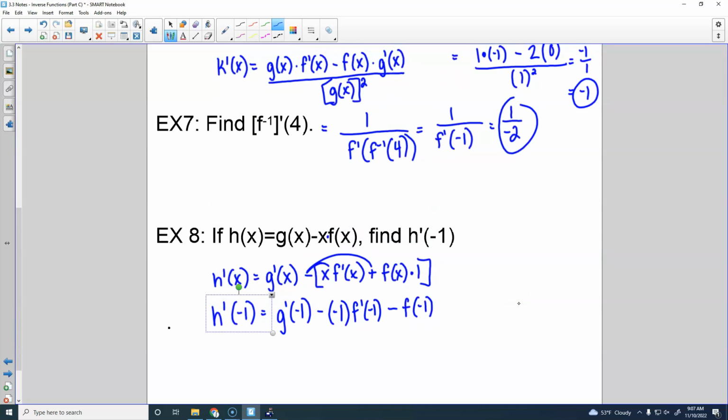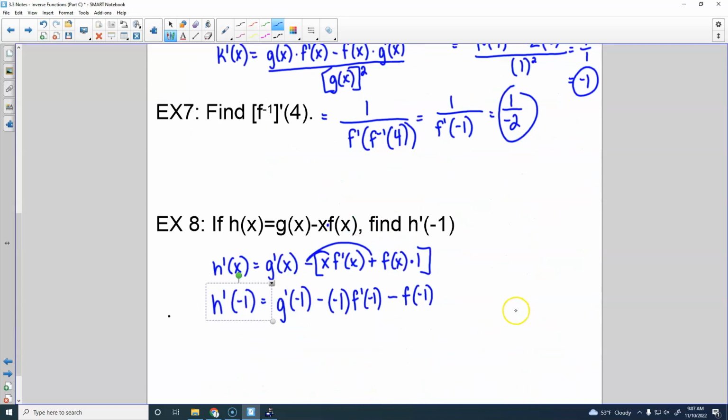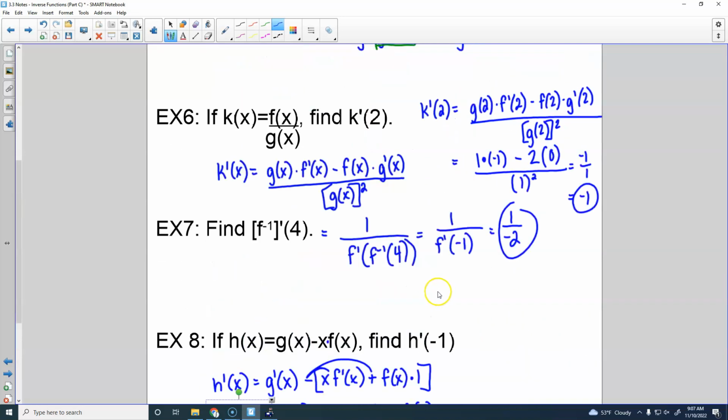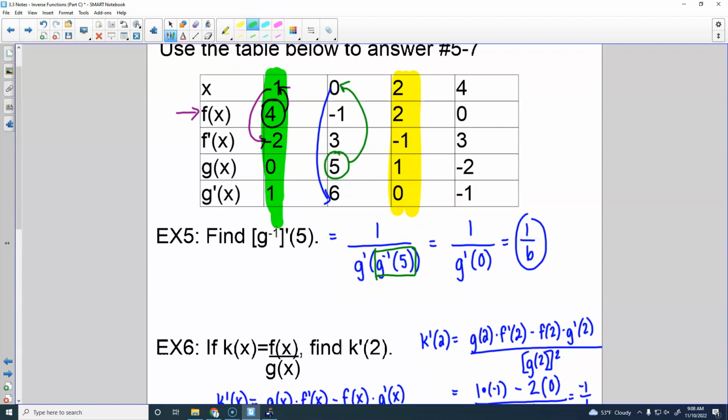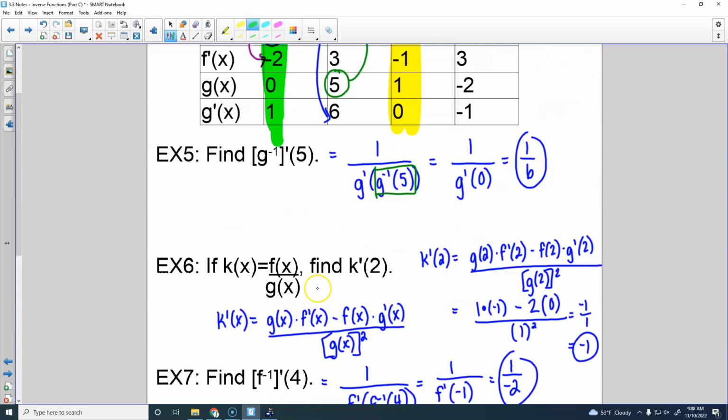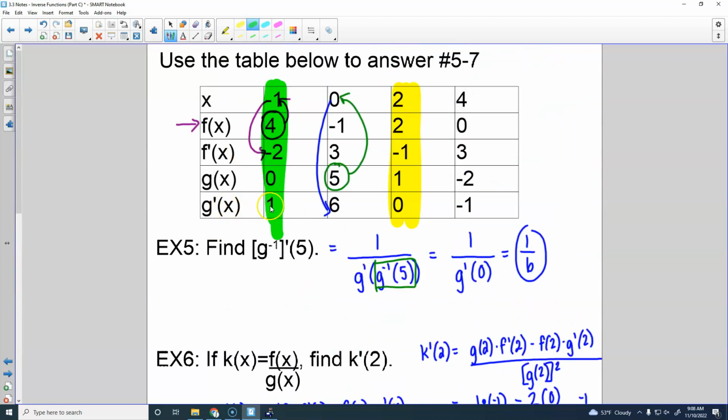Okay, so we are going to go back up to our table. We're looking, all of our x coordinates are negative 1. So now we are looking at this column right here. And g prime of negative 1 is 1.